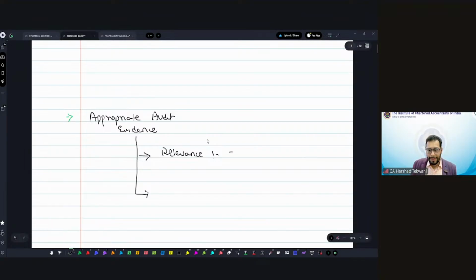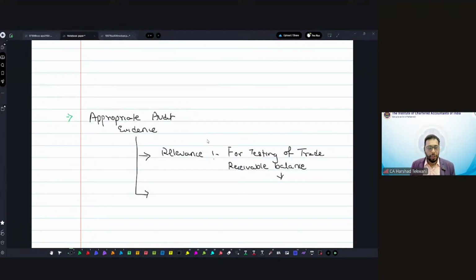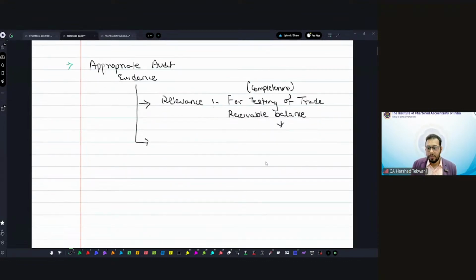For the completeness assertion of the trade receivable balance, you tested that payments received are applied appropriately.